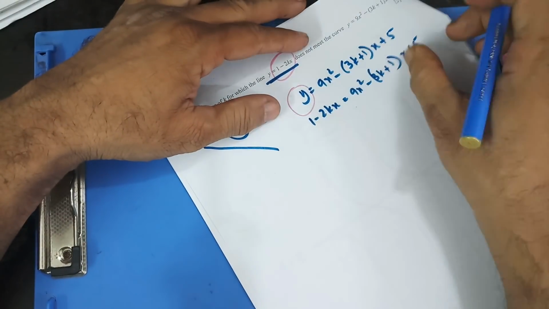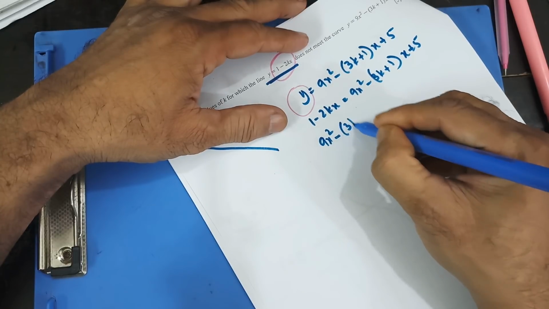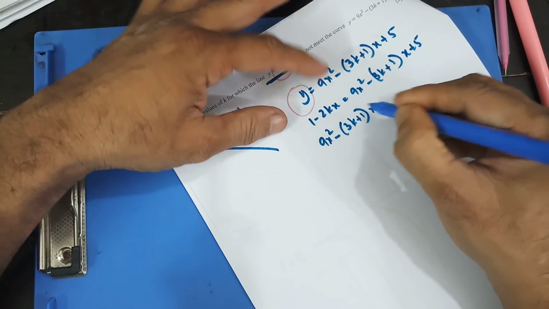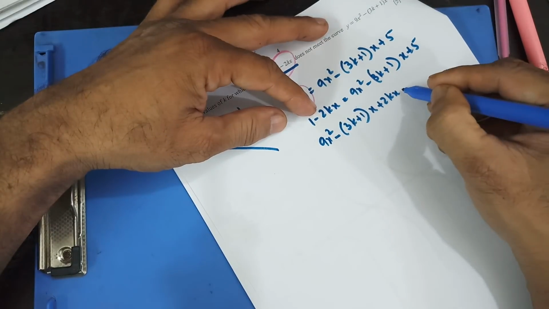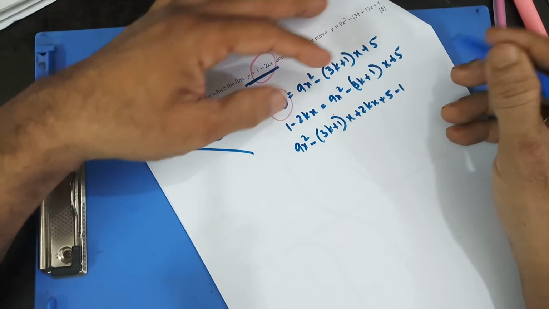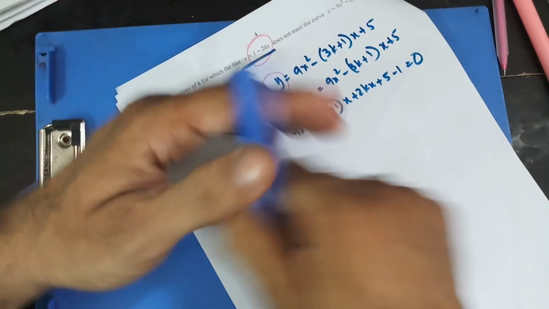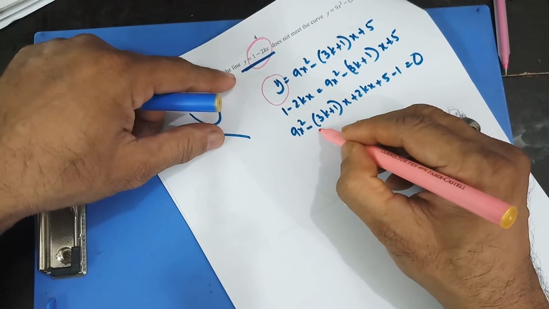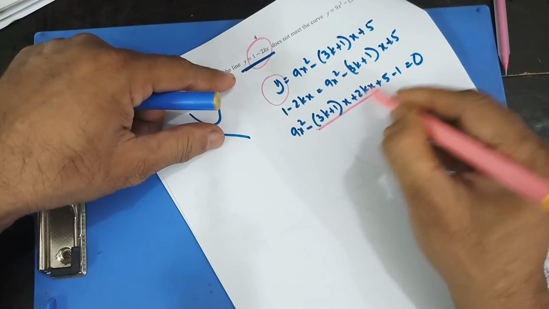If I bring everything to this side, it's going to be 9x squared minus (3k plus 1)x. Bring this one over here, so that's going to be plus 2kx. I had 5 initially, and this one comes over here, minus 1, and everything goes over here, so it's like that. Now from these two terms, I can see that there is x, so these are the like terms.